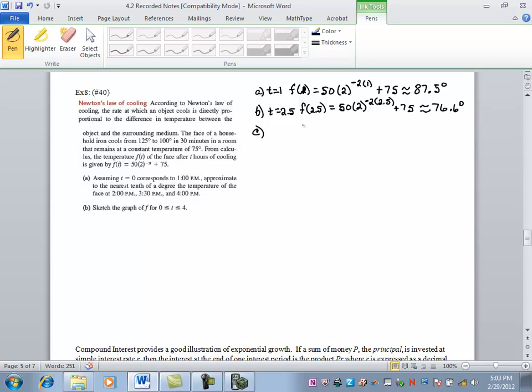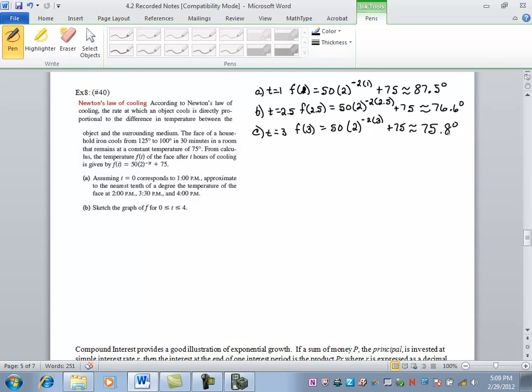And then finally, for the 4 o'clock time, 3 hours have passed. So f of 3 equals 50 times 2 to the negative 2 times 3, plus 75, which turns out to be 75.8 degrees.